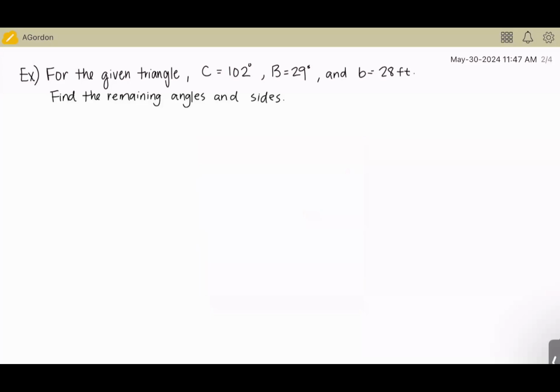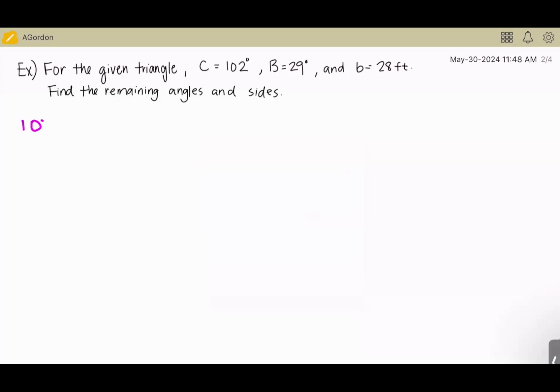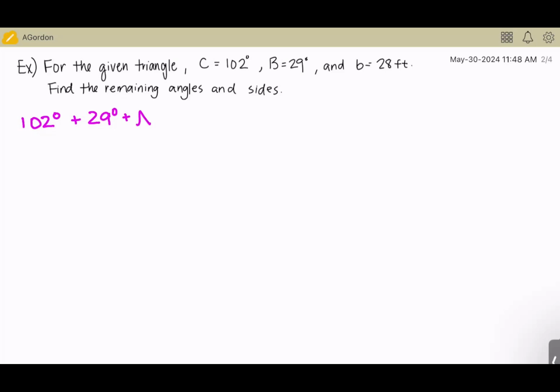I know that the sum of all three angles in a triangle has to be 180 degrees. So 102 degrees plus 29 degrees plus my missing angle A have to equal 180 degrees. So I just need to solve this little equation for A.